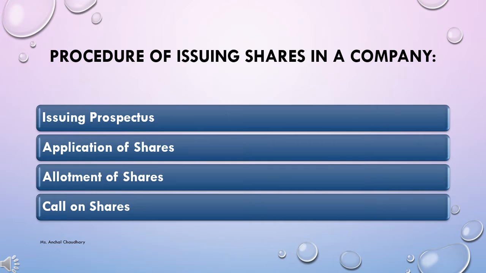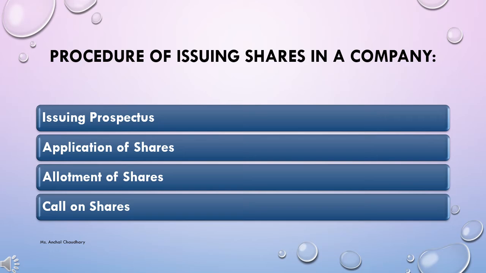Procedure of issuing shares in a company. First, we have to issue a prospectus. A prospectus is basically a document used by a public company as an open invitation to the public to buy the shares of the company.